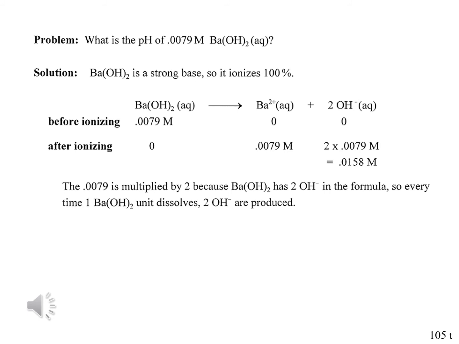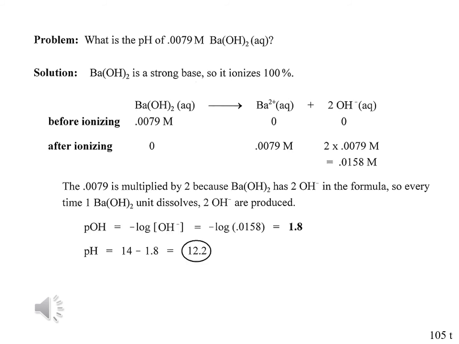That's the reason why after dissolving, you are actually going to end up with 2 times the original amount of OH. It's a very typical error of students not to do the multiplying, but if you understand dissolving, you can see why you would have to multiply the original amount by 2. Then, because it's OH, you have to do that same step where you do 14 minus. So when you take minus the log, you have to take 14 minus it to get the pH.